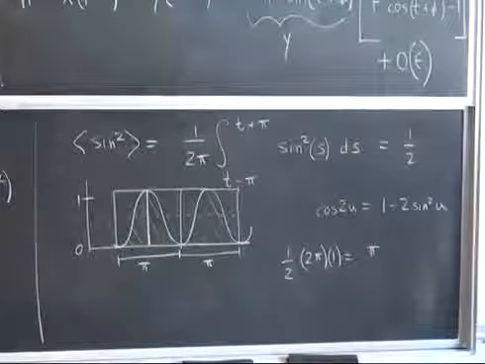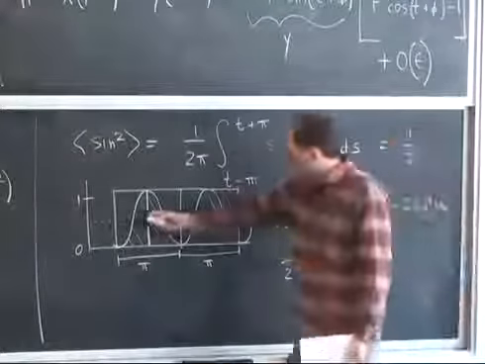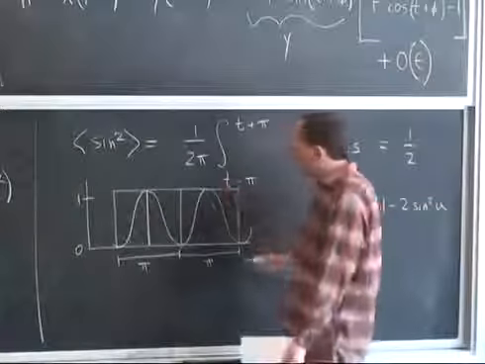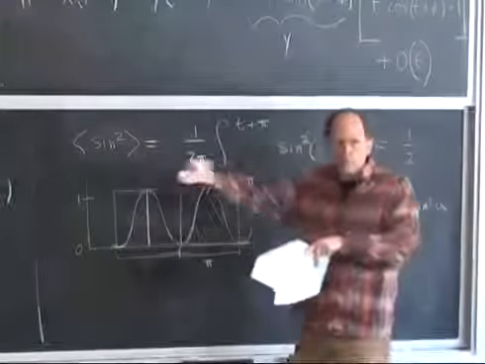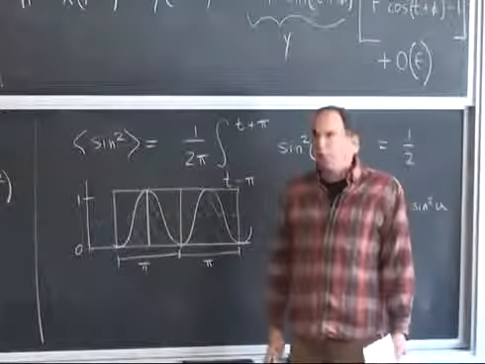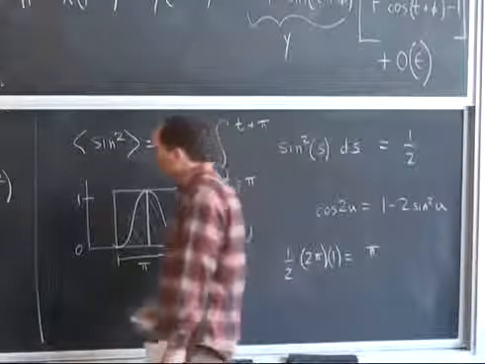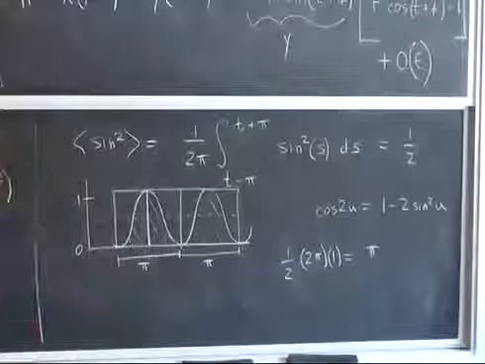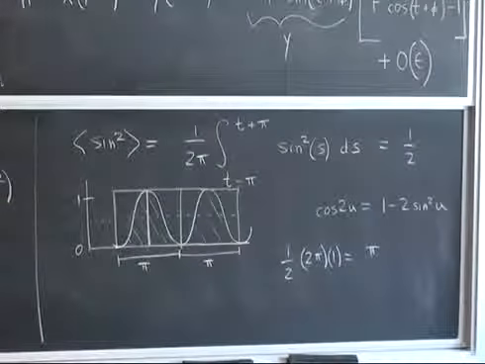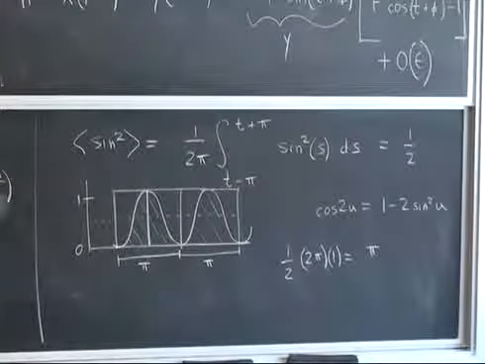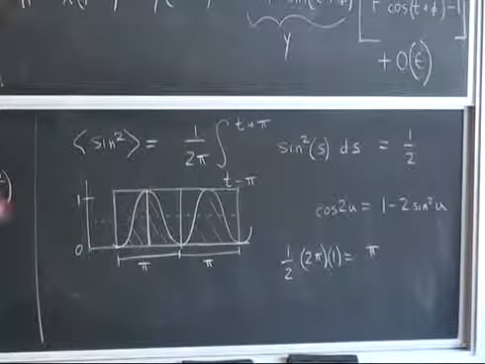There's another way to see it. Because if you look at sine squared, it's the same shape as cosine squared. It's just translated. I mean, they're off by pi over 2 or something like that. So if you accept that whatever the average of sine squared is, it's got to be the same as the average of cosine squared, then, on the other hand, their sum is equal to 1.